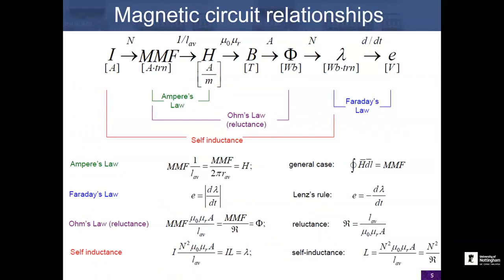We defined these magnetic circuit relationships. There are a lot of magnetic circuit relationships, but the first, left-hand side of that line is the fundamental part, because that governs the behaviour of magnetic circuits. It tells us how we get from current flowing in a circuit to the magnetomotive force induced to the H and the B, so our field intensity H and our flux density B, which can be worked back to flux.